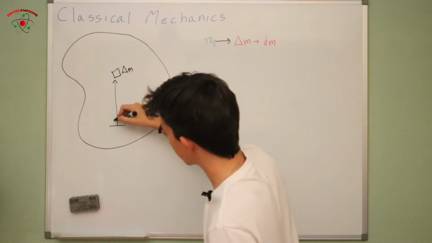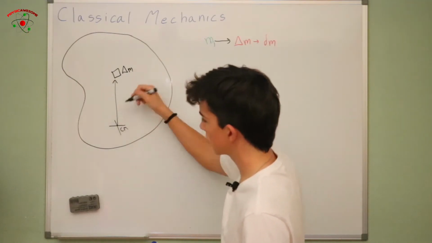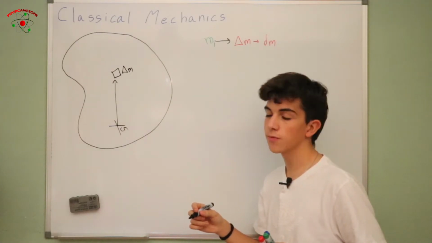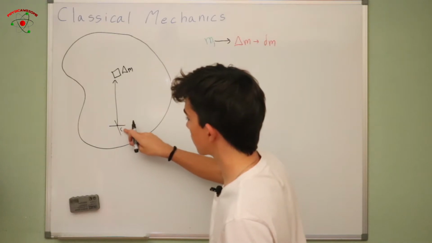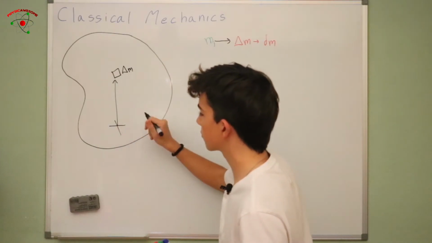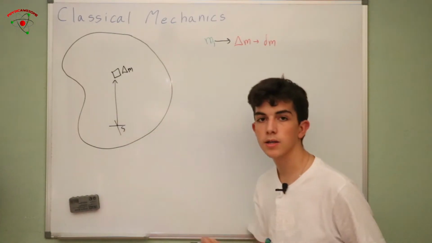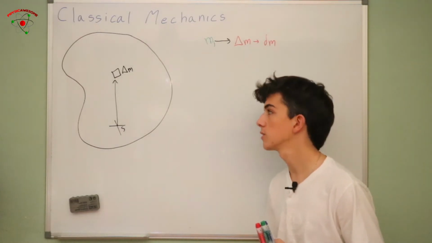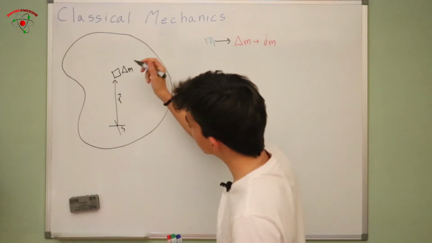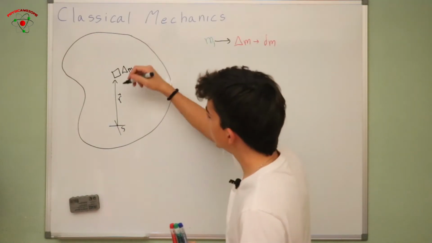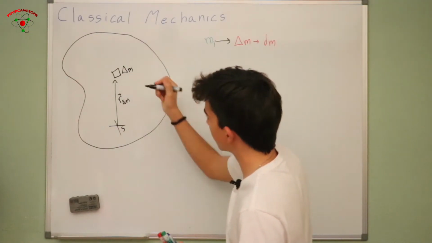Imagine, for example, from this reference frame, that could be the center of mass frame, or, well, better off, because we are trying to define the formula for our reference frame, let's take it to be a frame S, independent of the system, and we are going to have a position vector that goes to delta m.